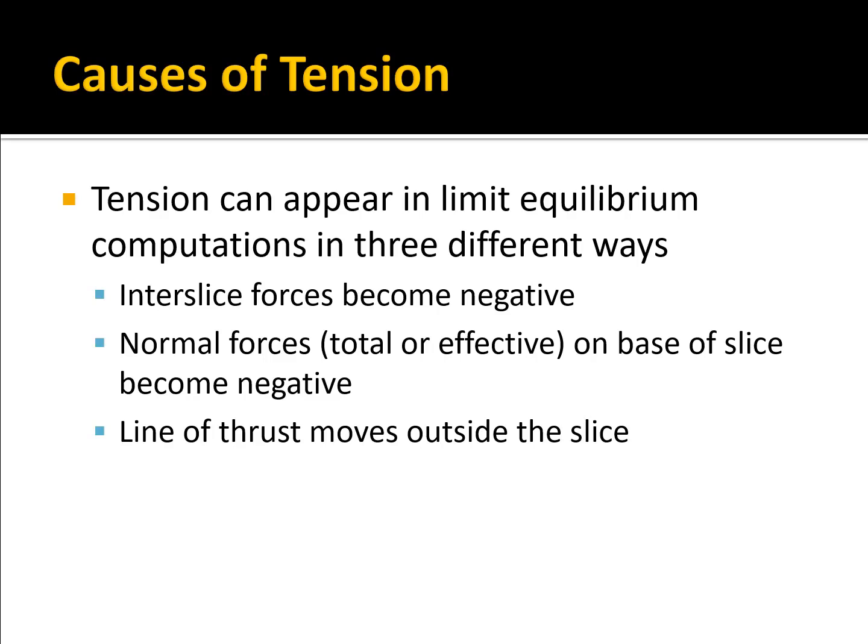Again, tension appears in limit equilibrium computations using slices in 3 different ways. The inter-slice forces become negative, or the resultant inter-slice force is negative. The normal forces on the base of the slice become negative, and also the line of thrust moves outside of the slice.